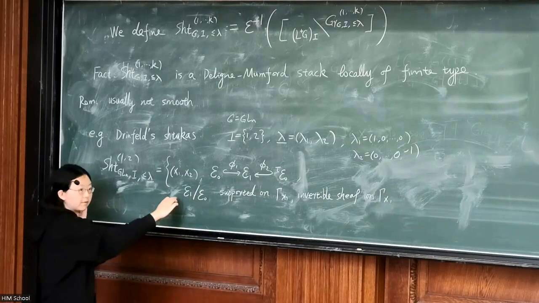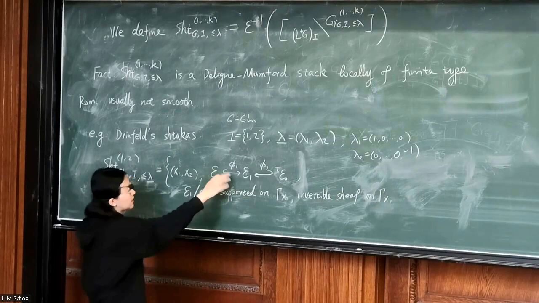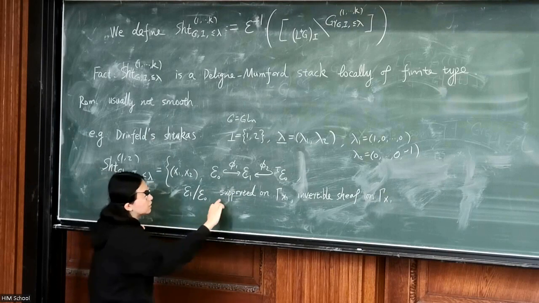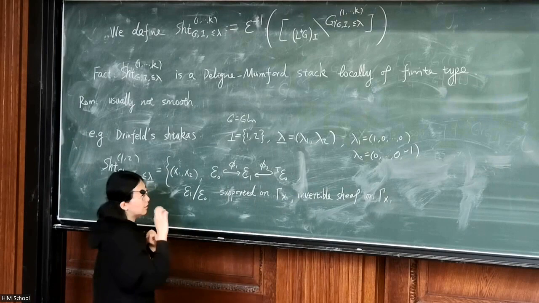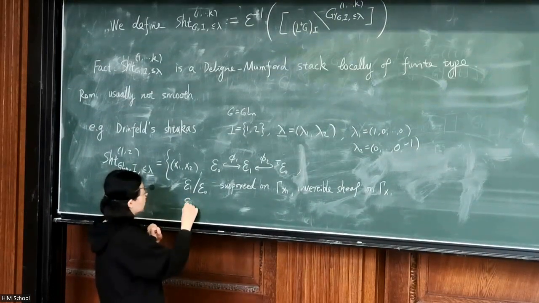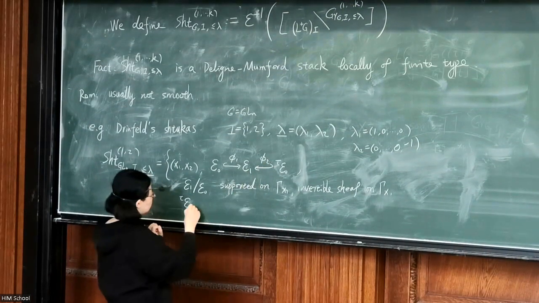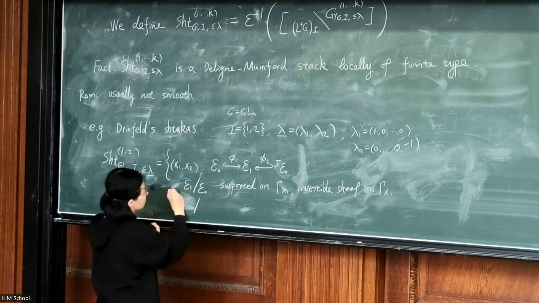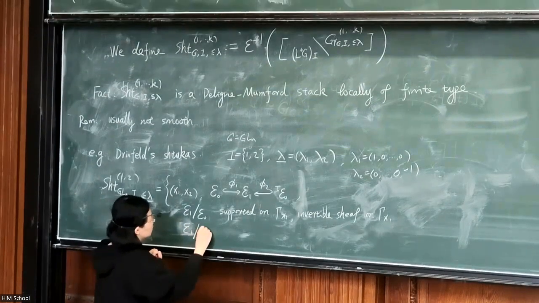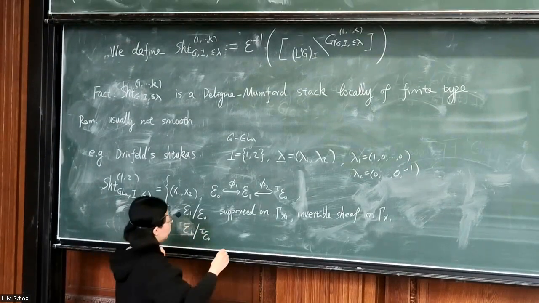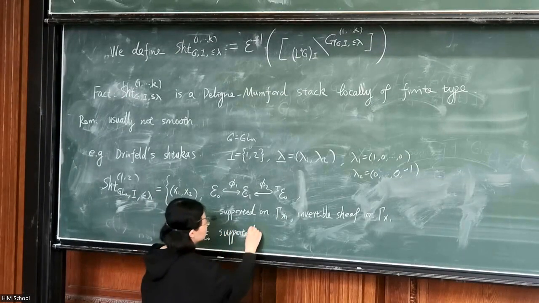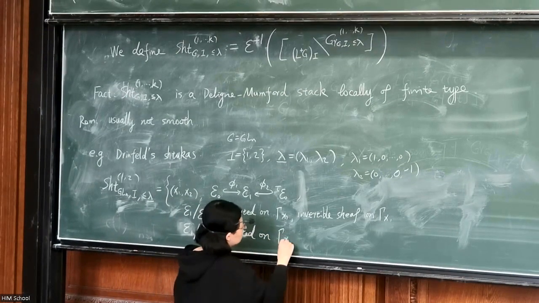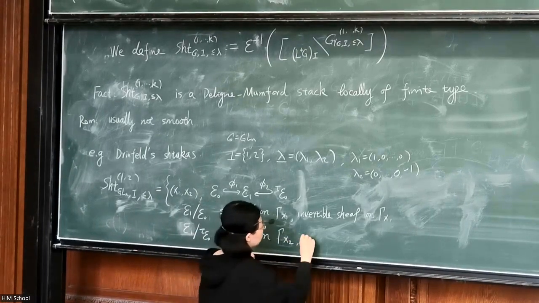So they are isomorphism outside the first leg. The difference on the first leg, the quotient is an invertible sheaf on the first leg. And for this modification, it is supported on the second leg.